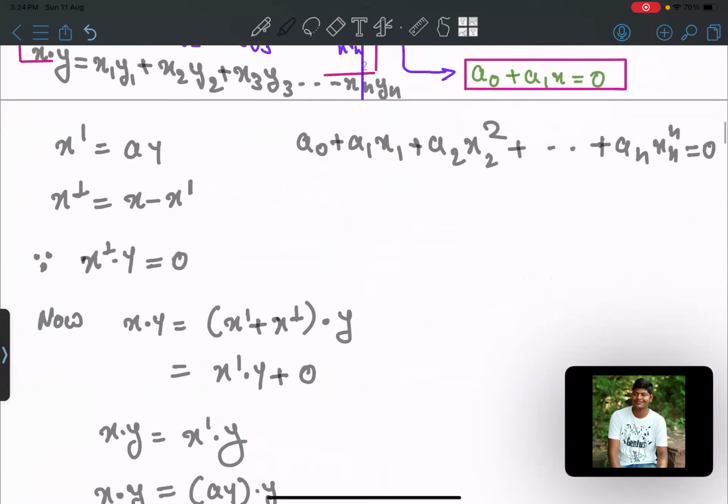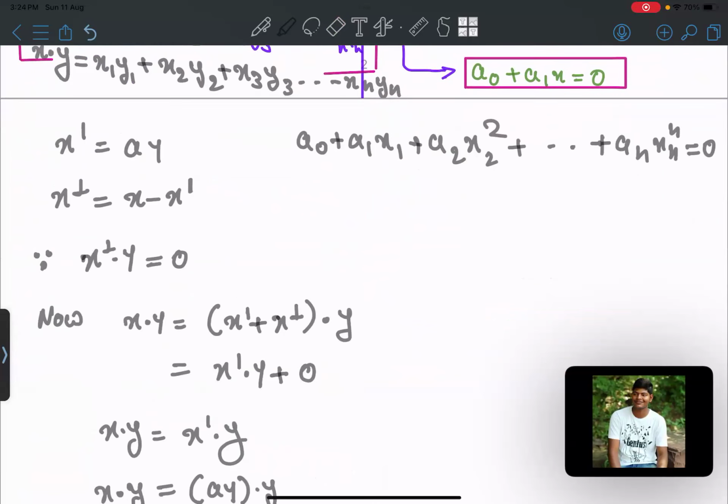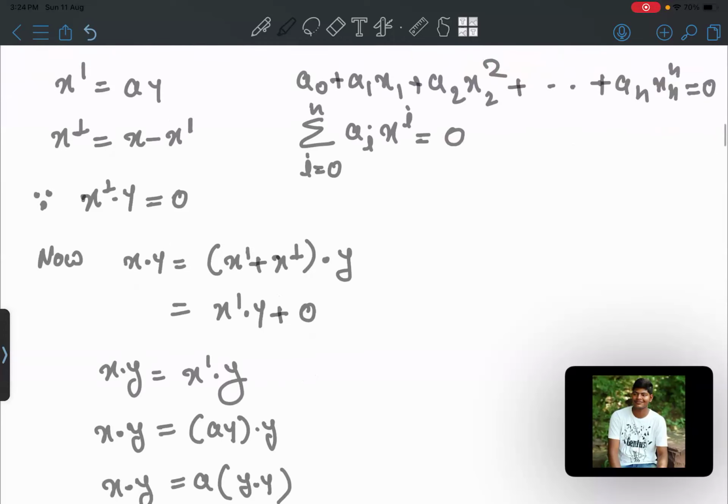This is the general nth order polynomial equation. In short, summation i equal to 0 to n of a i x to the power i will be equal to 0. When will this be a linear equation?